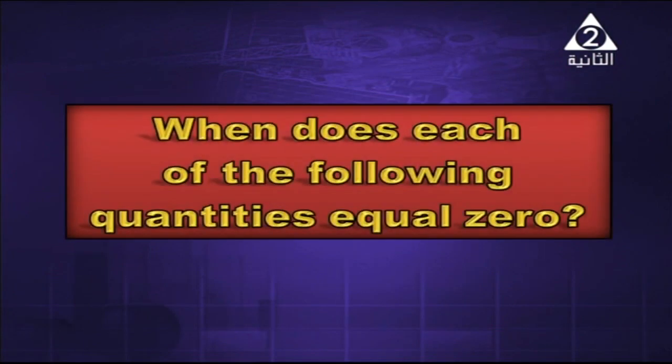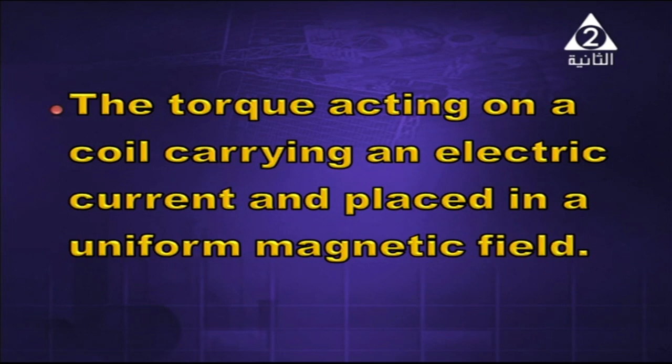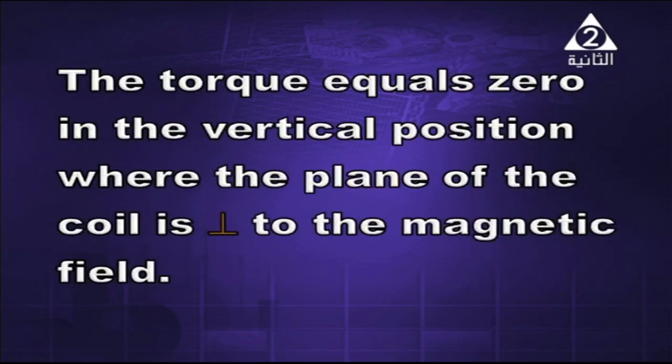And now, when does each of the following quantities equal 0? When does the torque acting on a coil carrying an electric current and placed in a uniform magnetic field equal 0? We need the expression that determines the torque. Torque equals BIAN cosine theta.